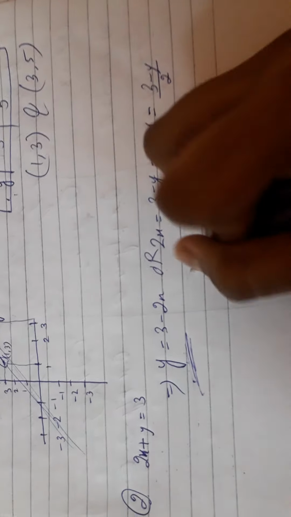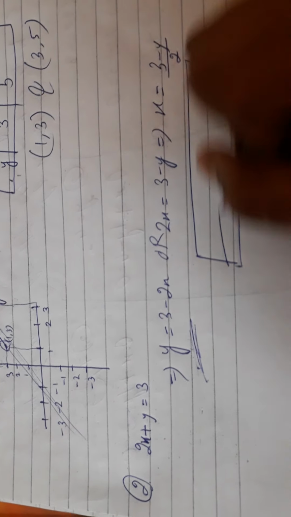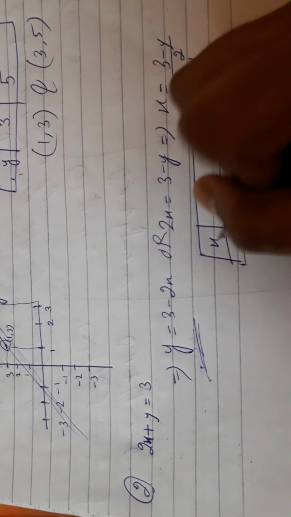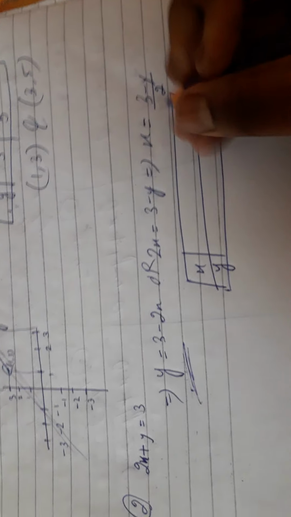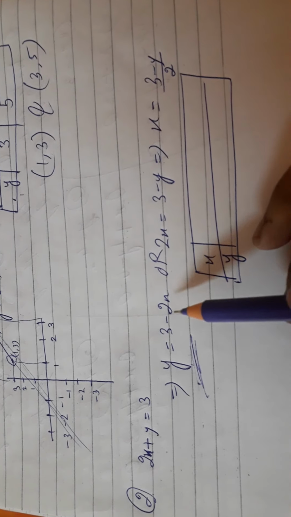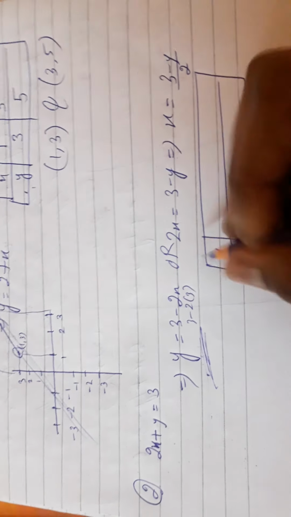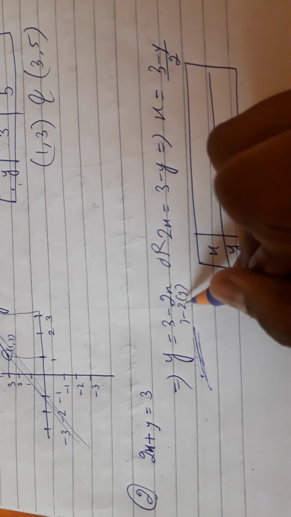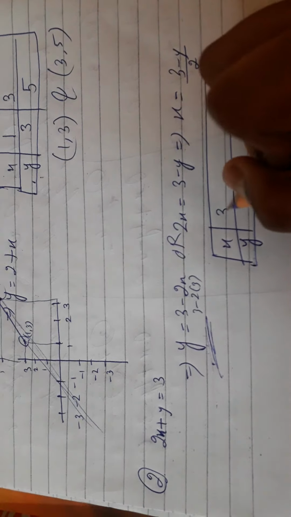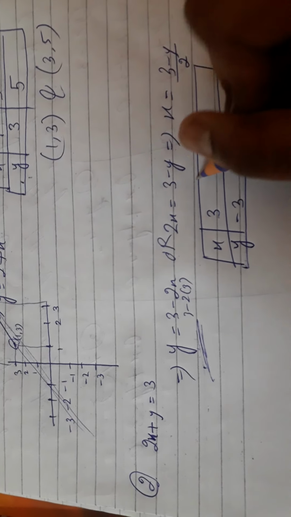So you have to first make a box like this. First will be x, then y. If x is 3 here, then 3 minus 6, so you will get y equals minus 3.